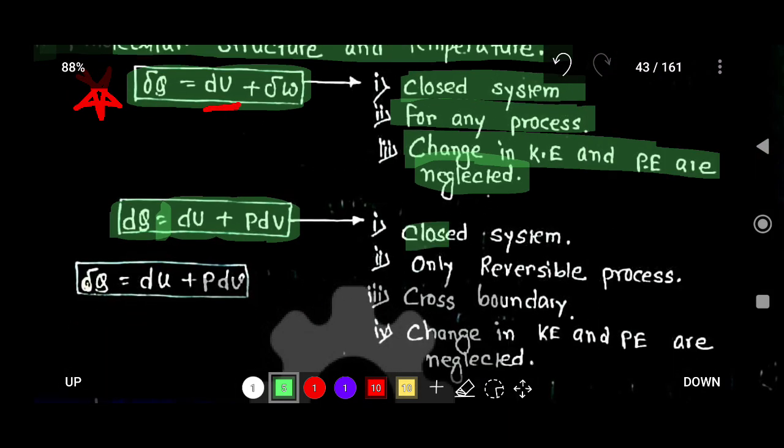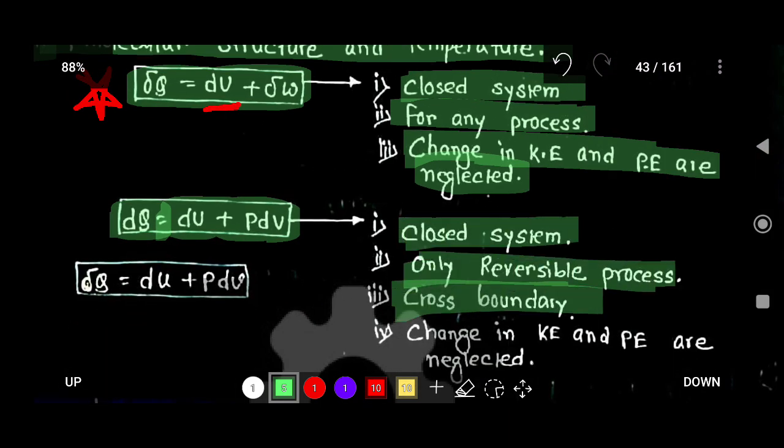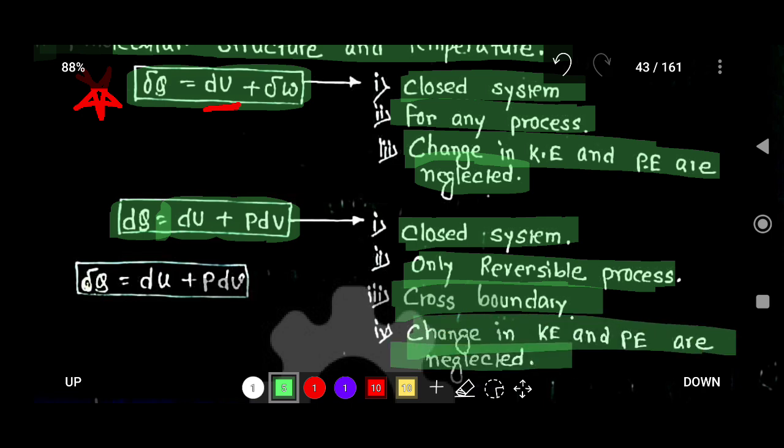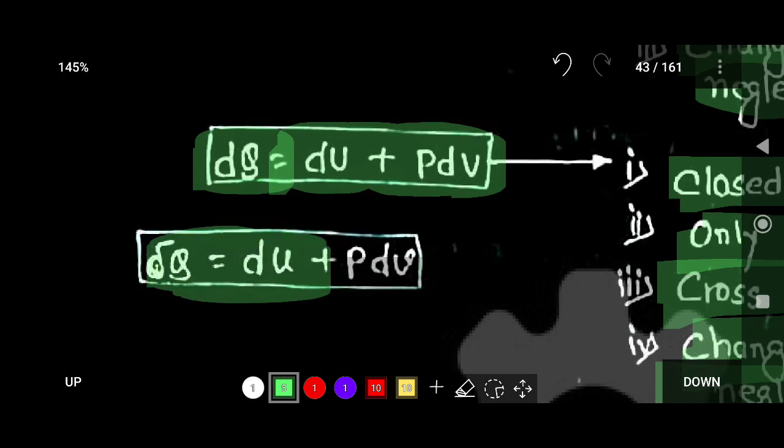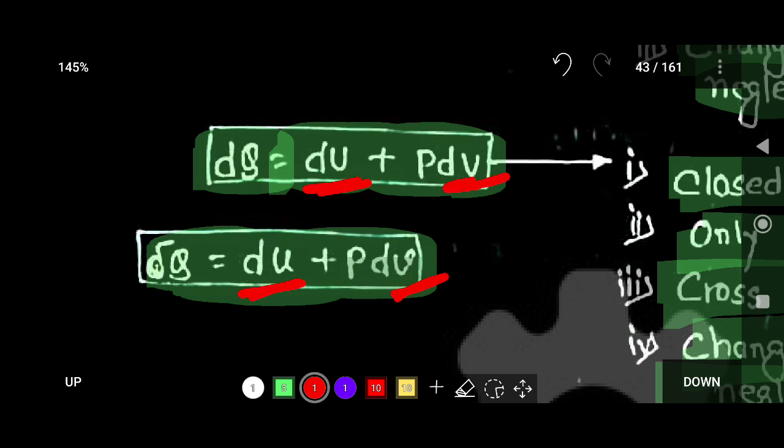This is applicable only for a closed system, a reversible process with only boundary work, and change in kinetic energy and potential energy neglected. So δQ = dU + PdV.